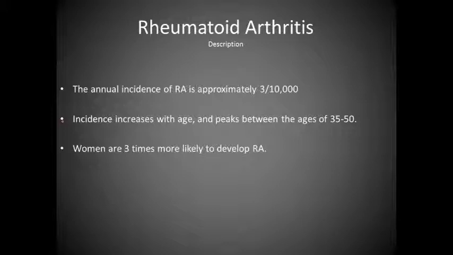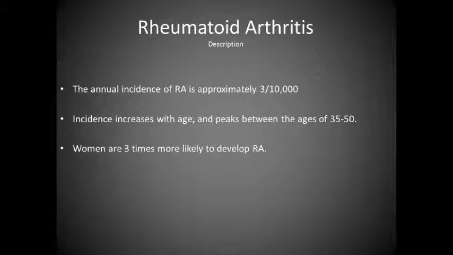The annual incidence of rheumatoid arthritis is approximately 3 per 10,000. And if you'll notice, that is a very, very high prognosis. However, we also see that with rheumatoid arthritis, the incidence of the disease increases with age and peaks between the ages of 35 and 50.